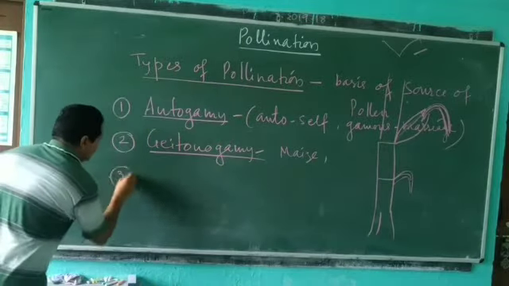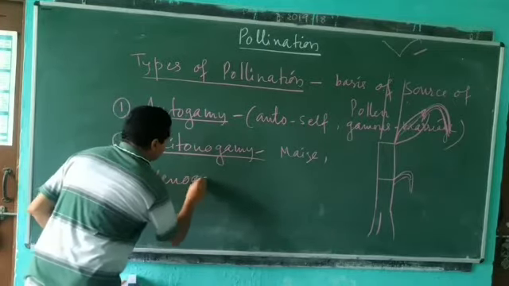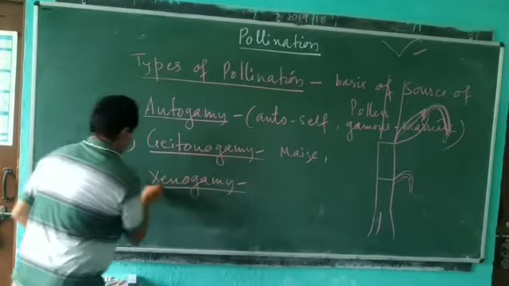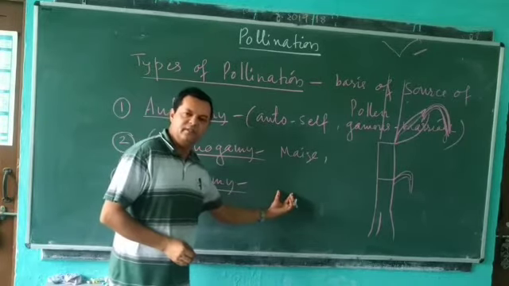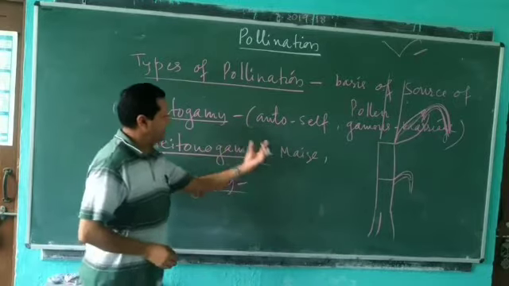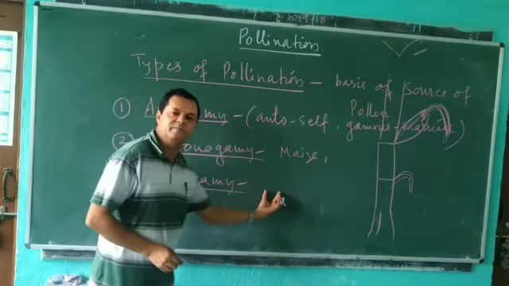And the third one is known as xenogamy. Xenogamy, marriage between the strangers. Self-marriage, marriage between the neighbors, and this is marriage between the strangers.